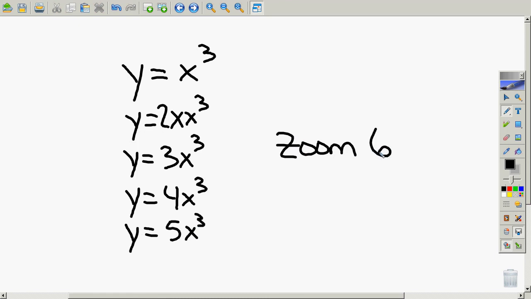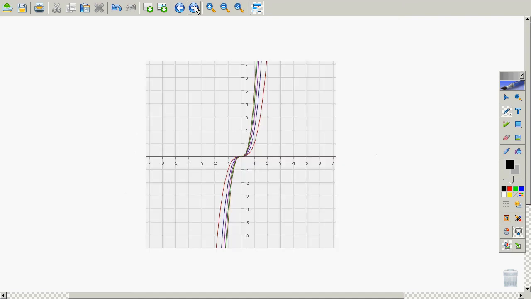And as soon as you have it graphed, go ahead and pause this until you have it graphed. Okay, once you have it graphed on your graphing calculator, it should look like this, where this one is y1 and the very inside one is y5. So you can see that that is getting narrower and narrower also.